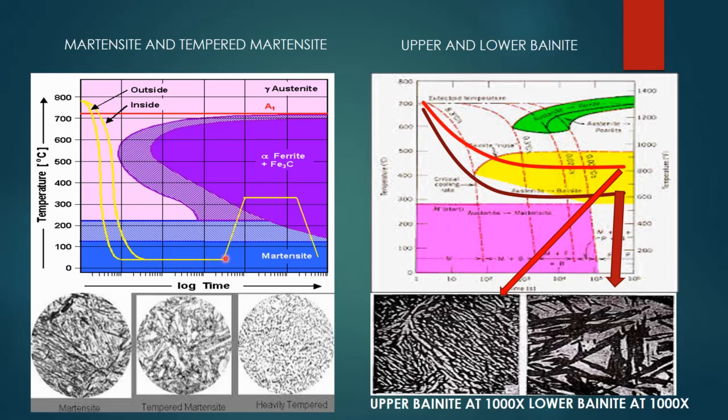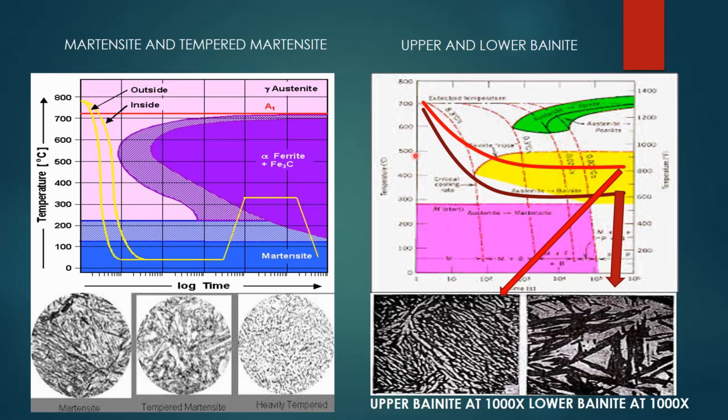The material is kept in the furnace for a period of time, which is characteristic of the hardness we have to reach. For example, for 45 Rc you have to keep it 2 hours. If you want 20 Rc you have to give more time. Then afterwards it is cooled in air.